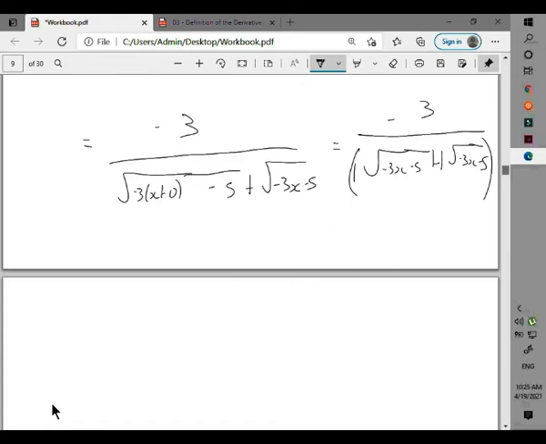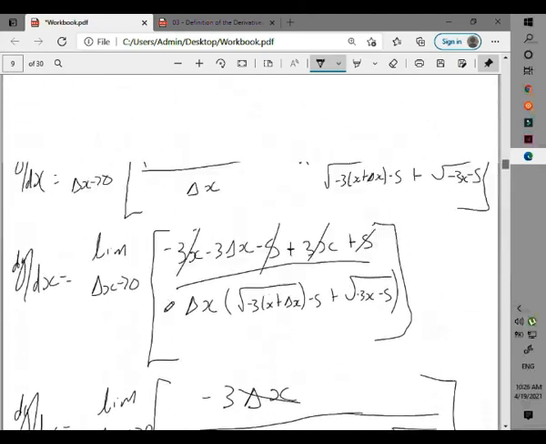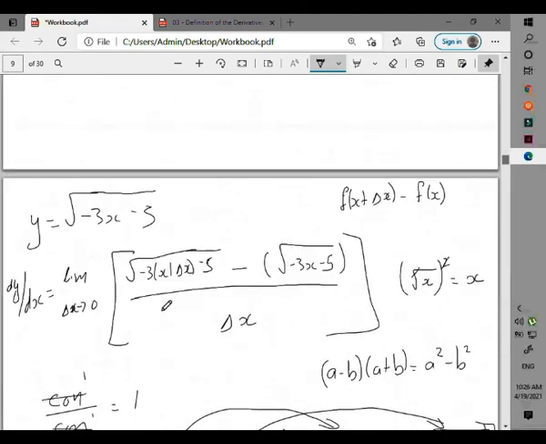Again, this goes back to thirds. So my dy over dx is equal to the 3 being divided by 2, the root of minus 3x minus 5. And you're finally done. As I said, these problems tickle your fancy.